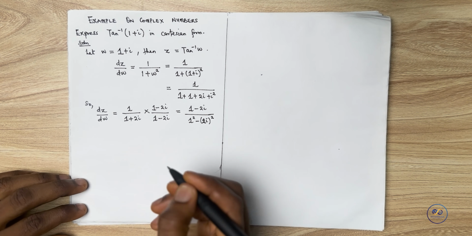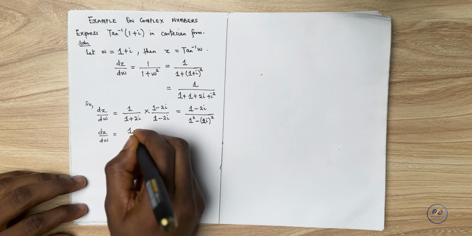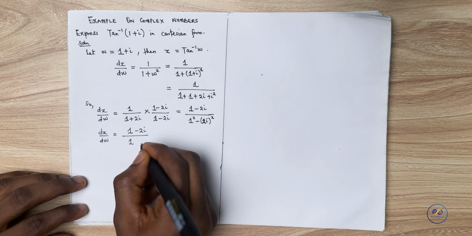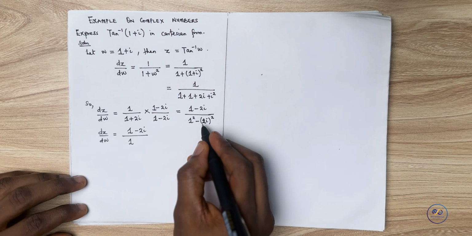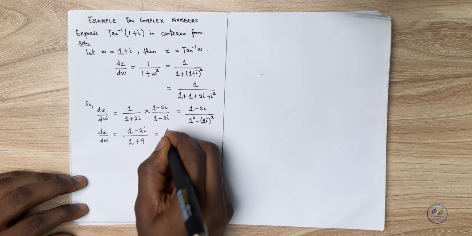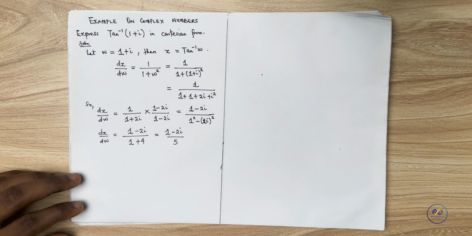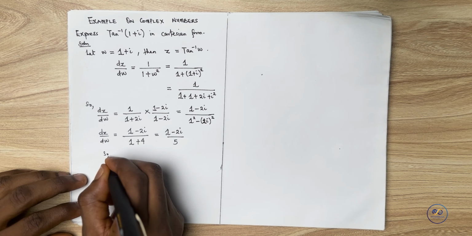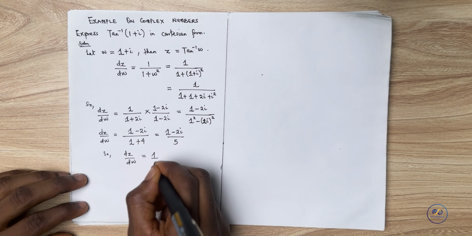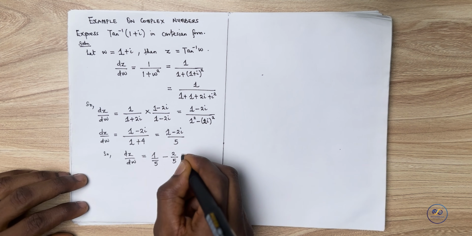Simplifying this, you would have that dz/dw will now be 1 minus 2I divided by 1 plus 4, since I squared is minus 1 and 2 squared is 4. So you're going to have 1 minus 2I divided by 5. So again, dz/dw breaks down into 1 over 5 minus 2 over 5 I.